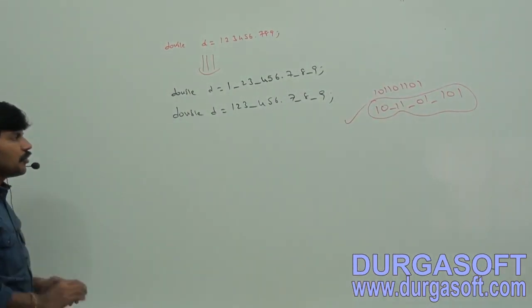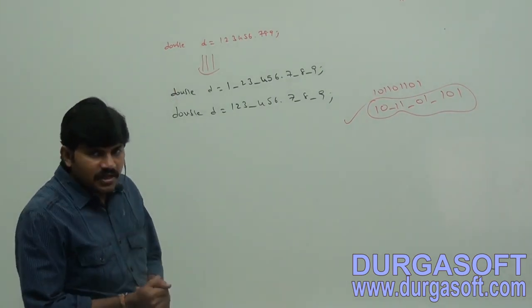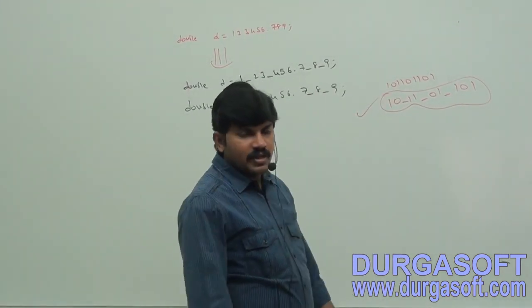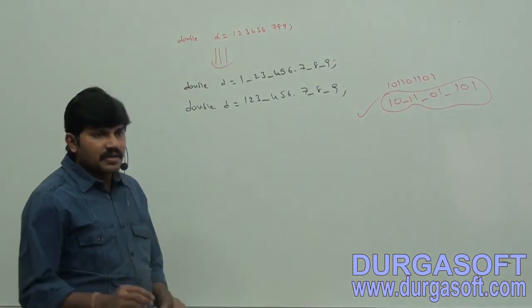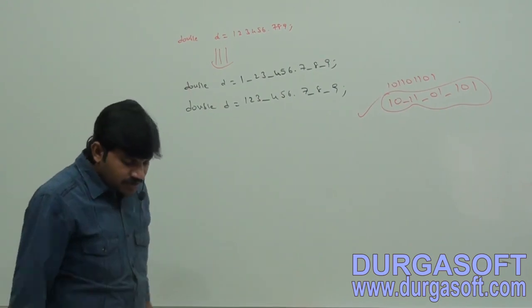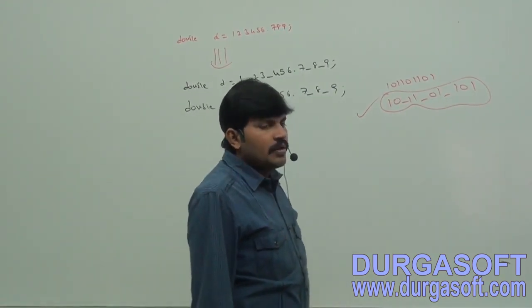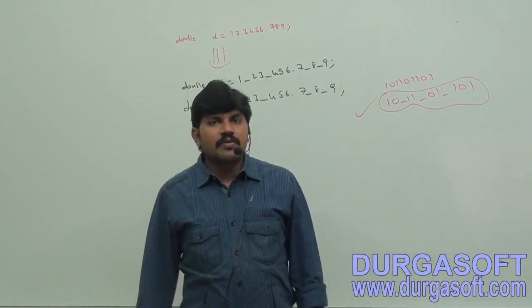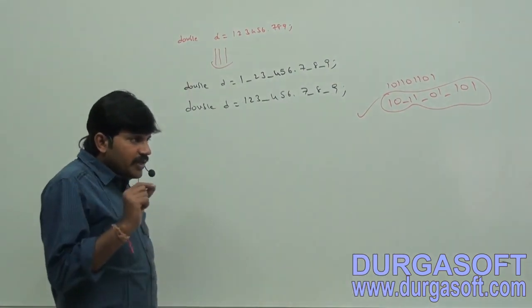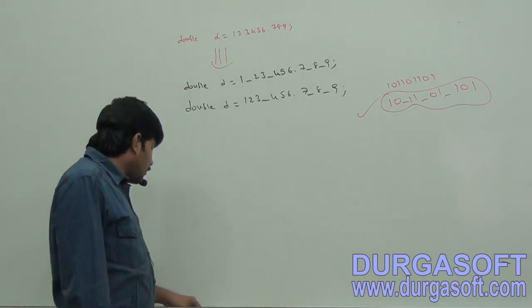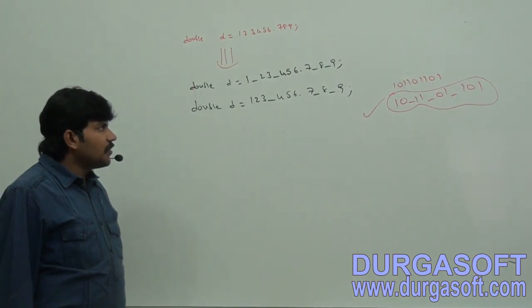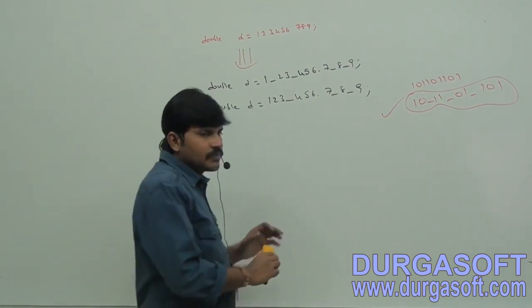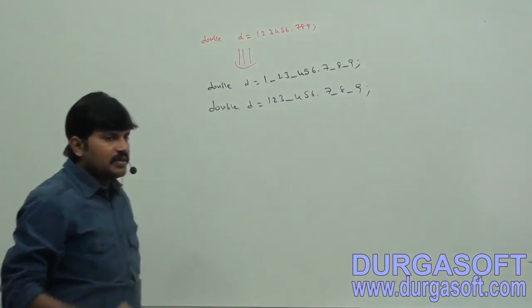From 1.7 version onwards, we can use the underscore symbol between the digits of a numeric literal. Okay. Example.